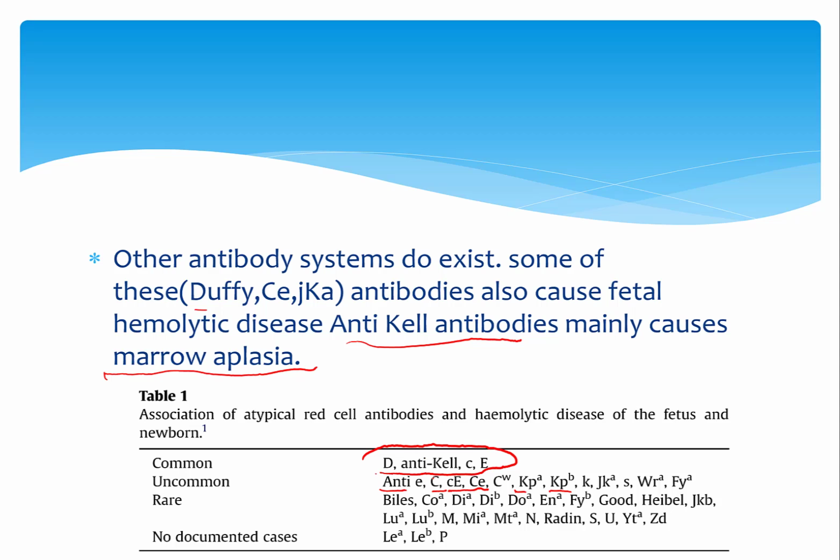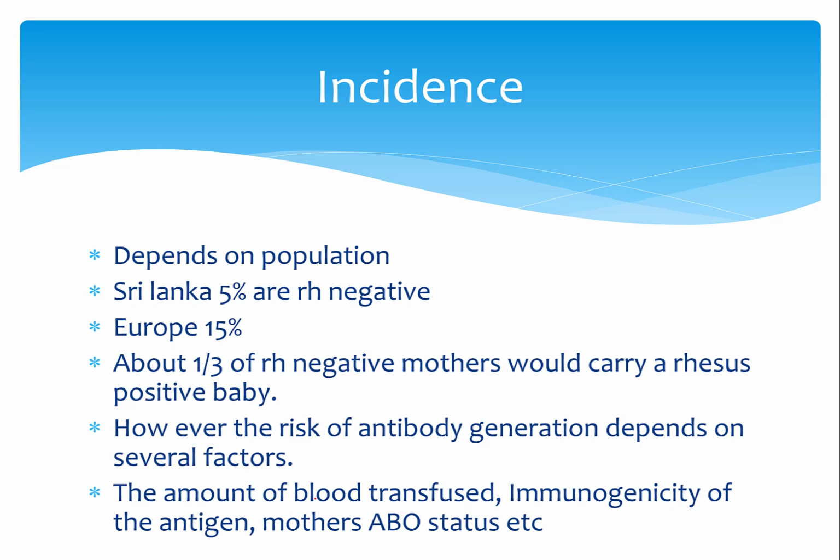So any antibody against any of these types of blood groups is an unexpected antibody. So in other countries, they do screen against the whole system of red cell antigens, and they treat them as unexpected antibodies. In our country, because of economics, we usually screen only for anti-D antibodies, but in the private sector it is available.